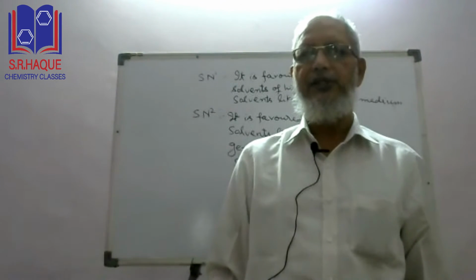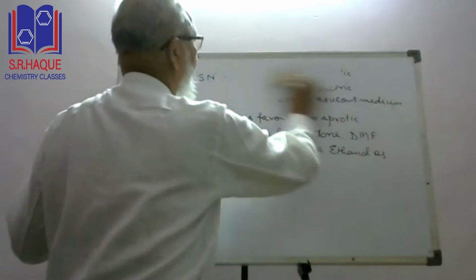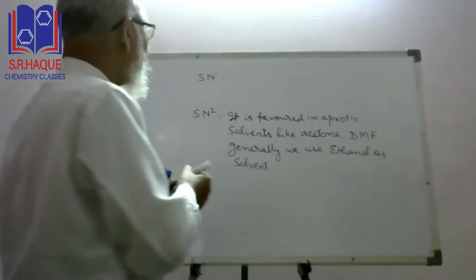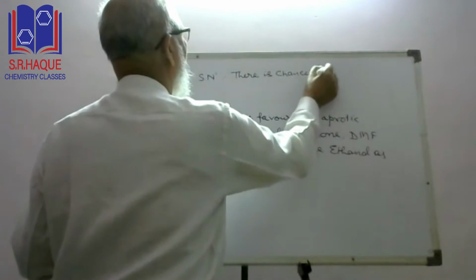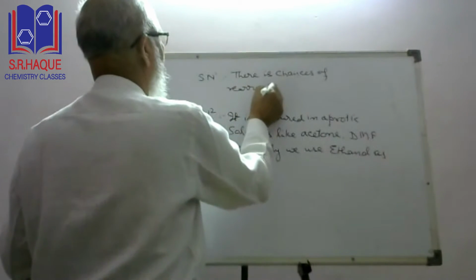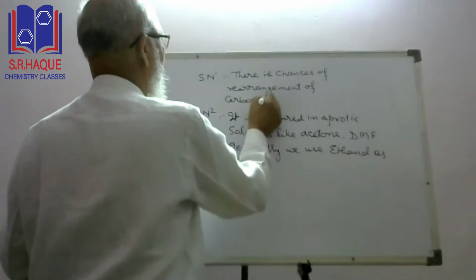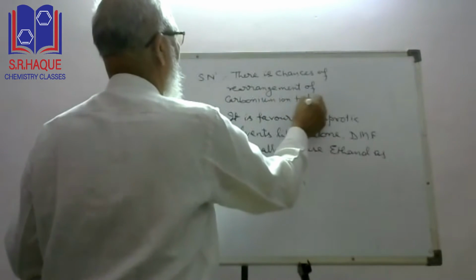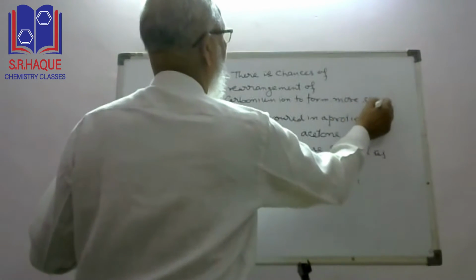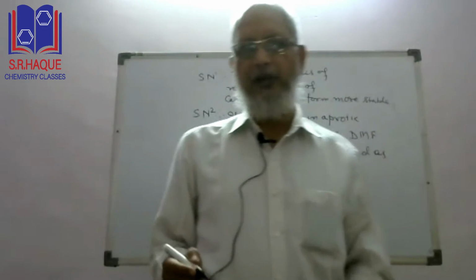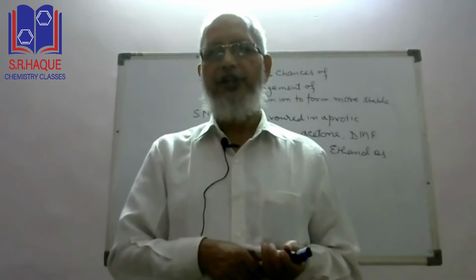So in case of SN1 reaction there are chances of rearrangement of carbonium ion to form more stable carbonium ion, that is a primary carbonium ion can rearrange itself into secondary or tertiary, or secondary carbonium ion can rearrange itself to give tertiary carbonium ion.